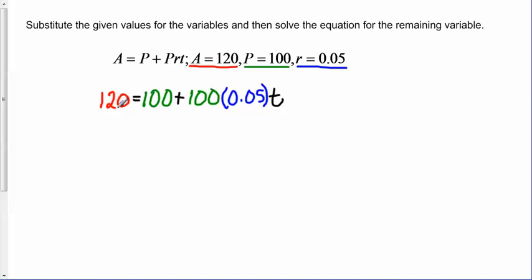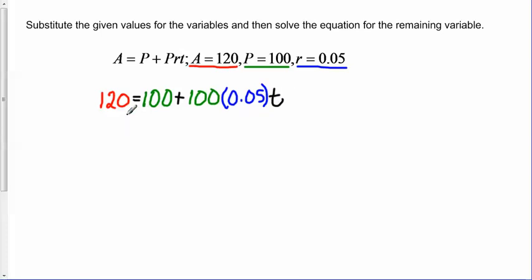Well, the left side is already in its simplest form, so we're going to have to tidy up the right side and then work to get T by itself. So let's see what's happening on the right side. Here we have some addition and we also have some multiplication. Remember, order of operations would tell us to do the multiplying first when we're simplifying. And that's what we're going to do.